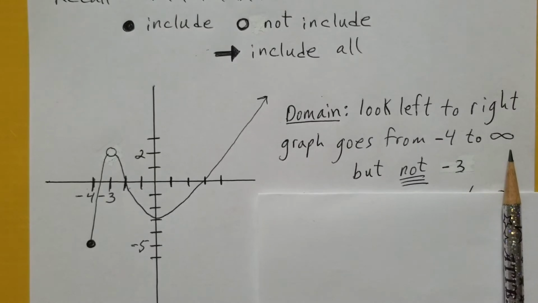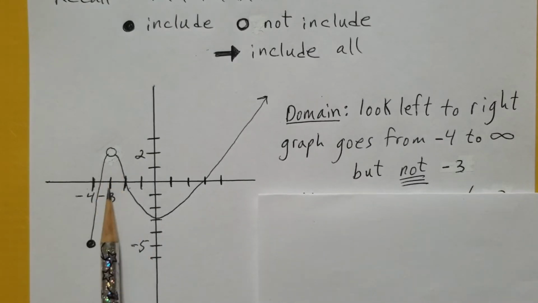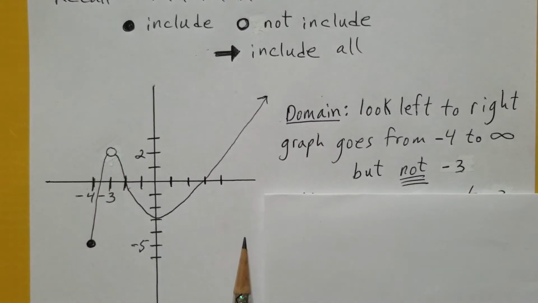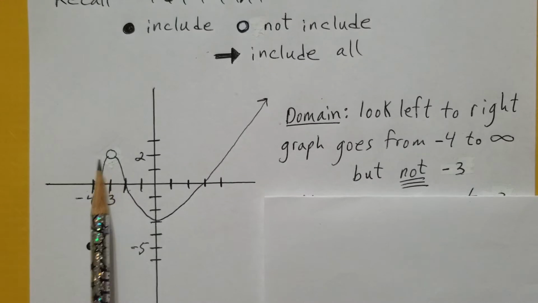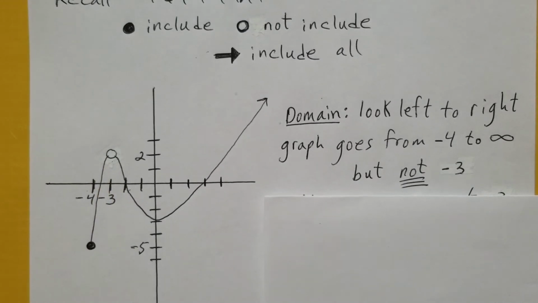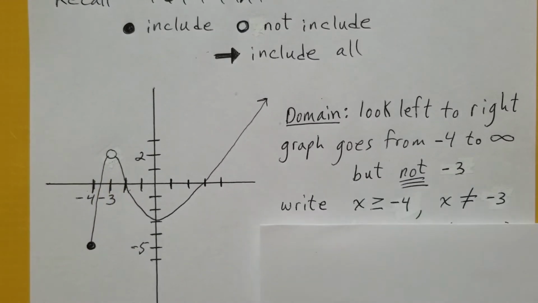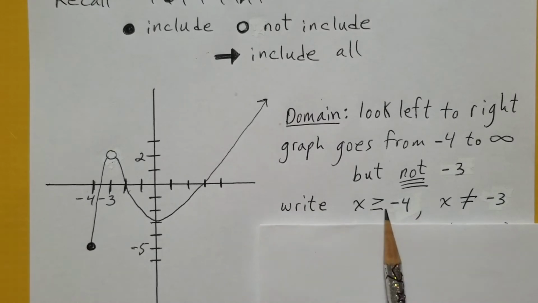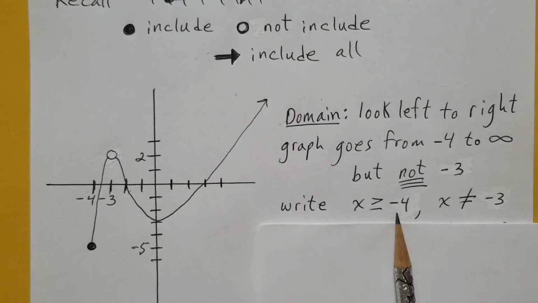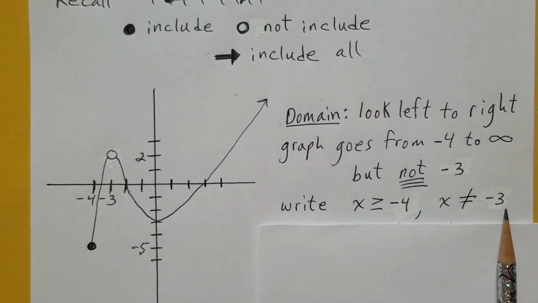But looking carefully, it doesn't include x equals -3. There's a hole there, or an open circle. So everything from -4 onwards except -3. So let's write that down. This is the domain for this graph. X is greater than or equal to -4, right? Everything except -3. X is not equal to -3.